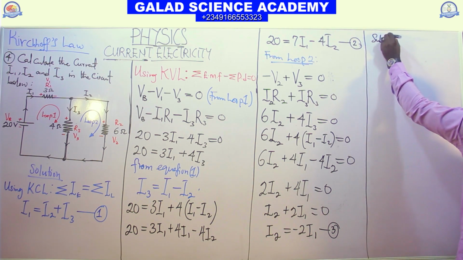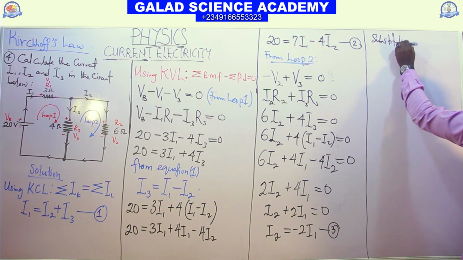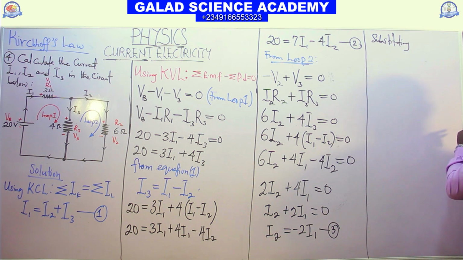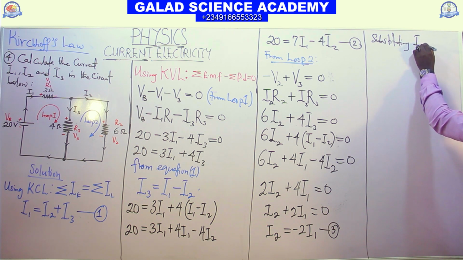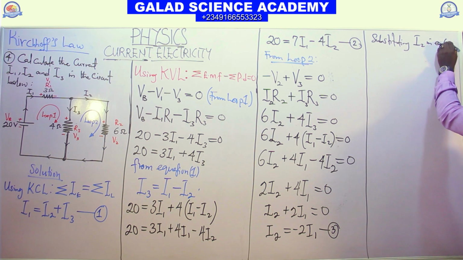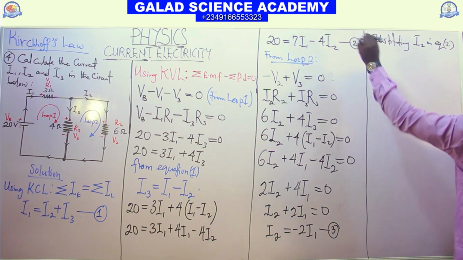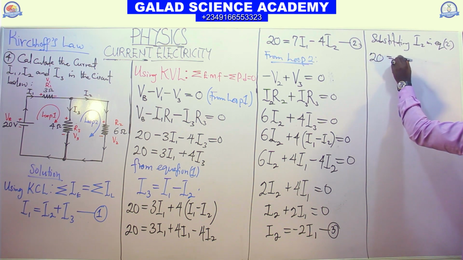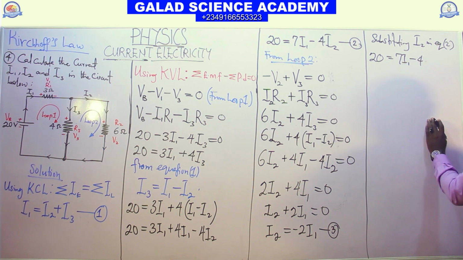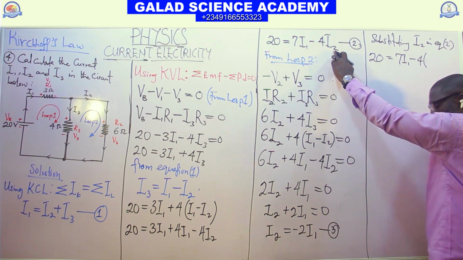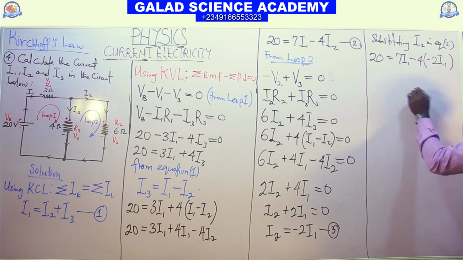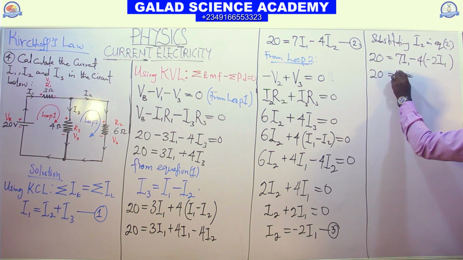Substituting for I2 in equation 2, we now have 20 equal to 7I1 minus, what is I2? The I2 here is minus 2I1.